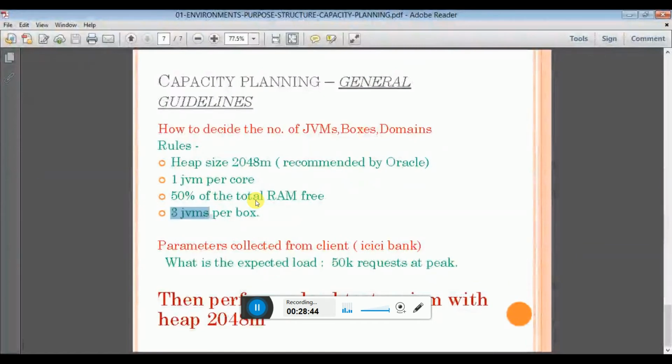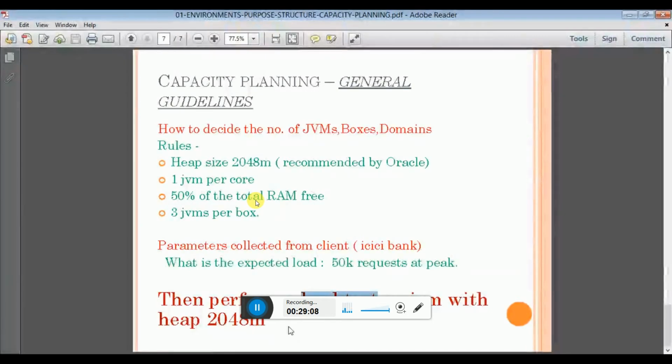Then I want to put 3 JVMs per box, so how many boxes I'll need? 130 by 3. Then what is the RAM on each of the boxes? I know. How many processors I need to put? I know. Heap size I've already said. That's how you decide the capacity. Means the capacity planning has to be done after a load test.